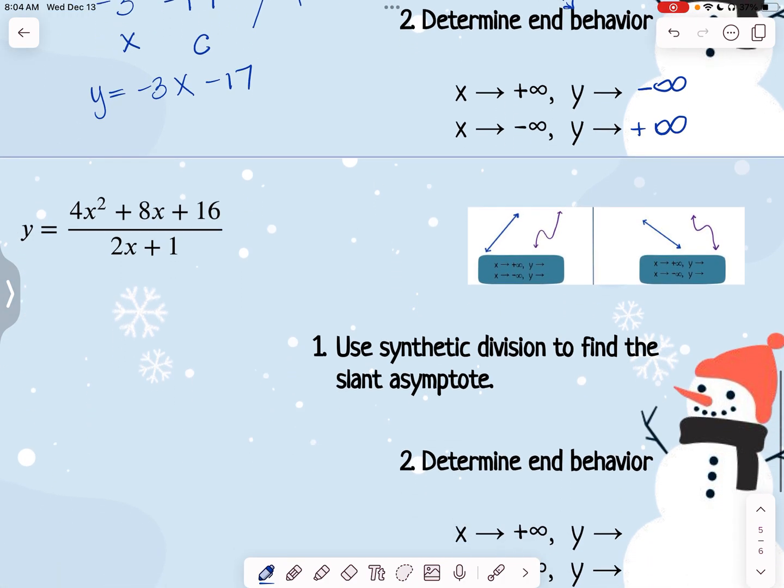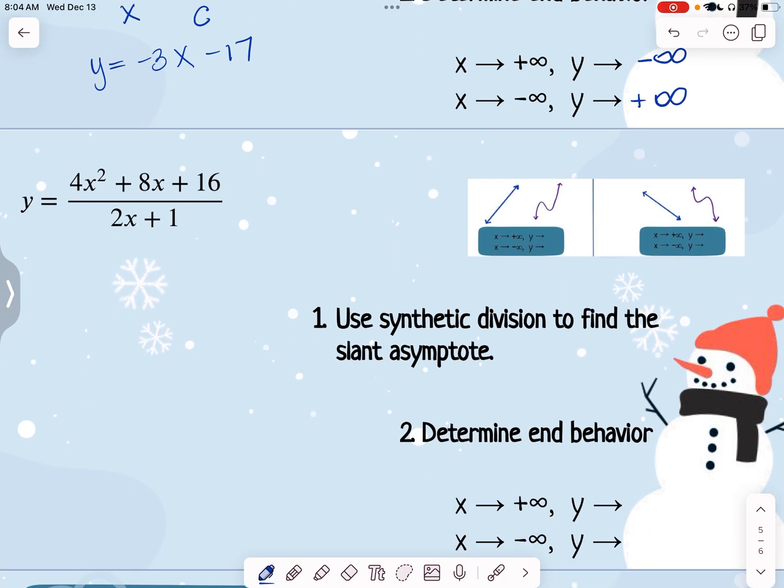This last one is like we did yesterday, the really tricky ones where we have to divide something out of all of these. So this has to divide out a 2 because of my leading coefficient, and the divisor has to be 1. So when I divide out a 2, I get x plus 1/2, or you can use 0.5.